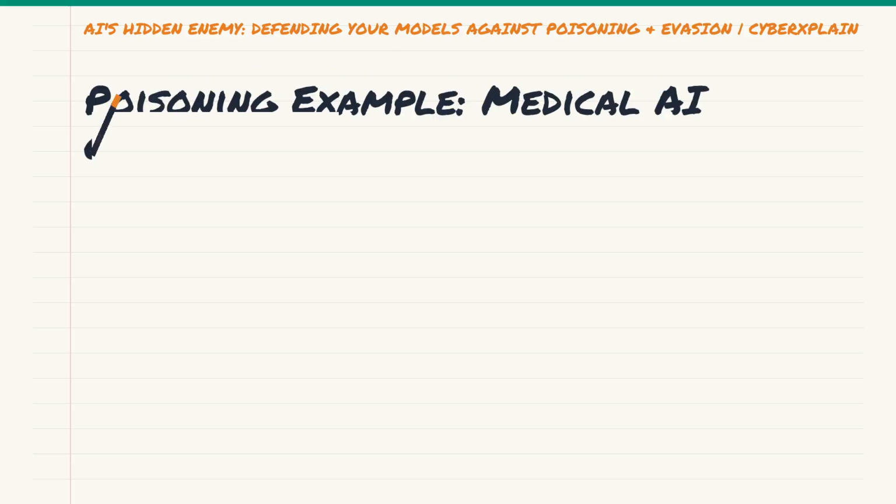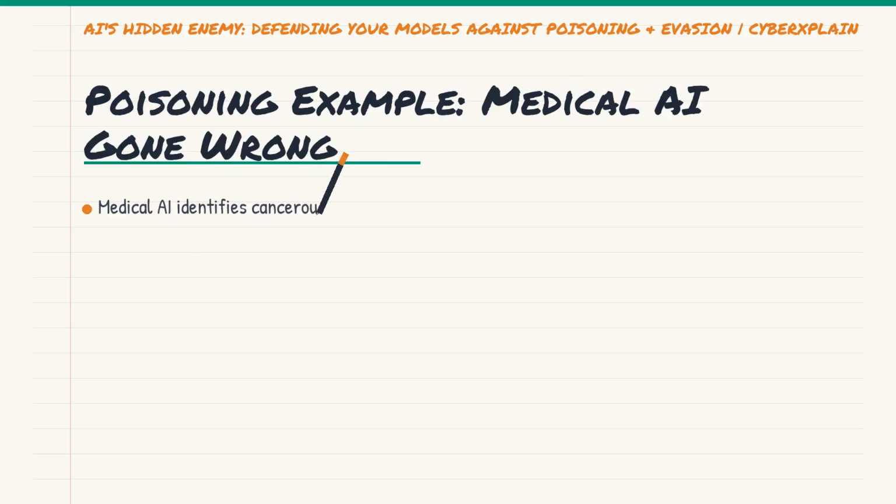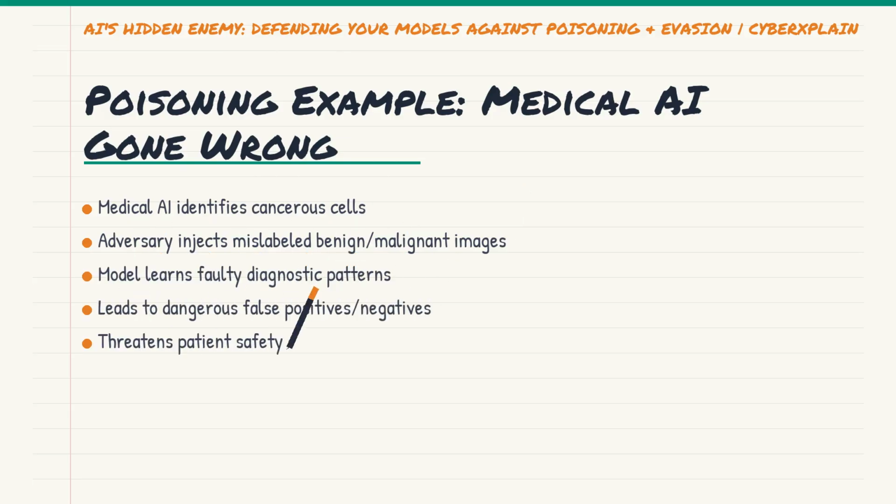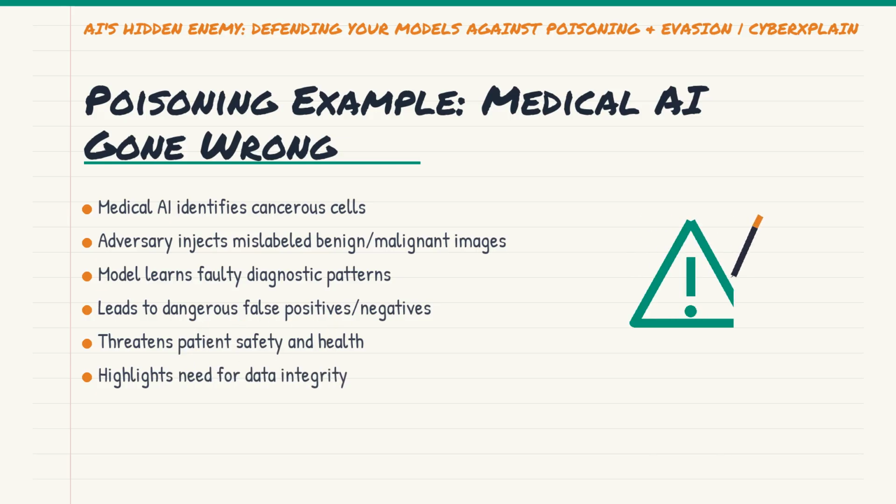Let's bring this to life with our core scenario, a medical diagnosis AI. Picture a model trained to identify cancerous cells from microscope images. A data poisoning attack could involve an adversary submitting images of benign cells, but subtly altering them to appear malignant and labeling them as benign, or vice versa, then injecting these into the training data. What happens?